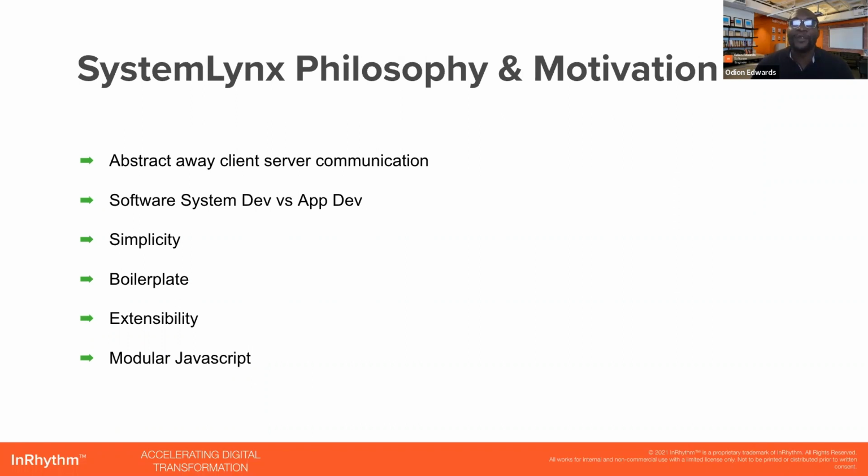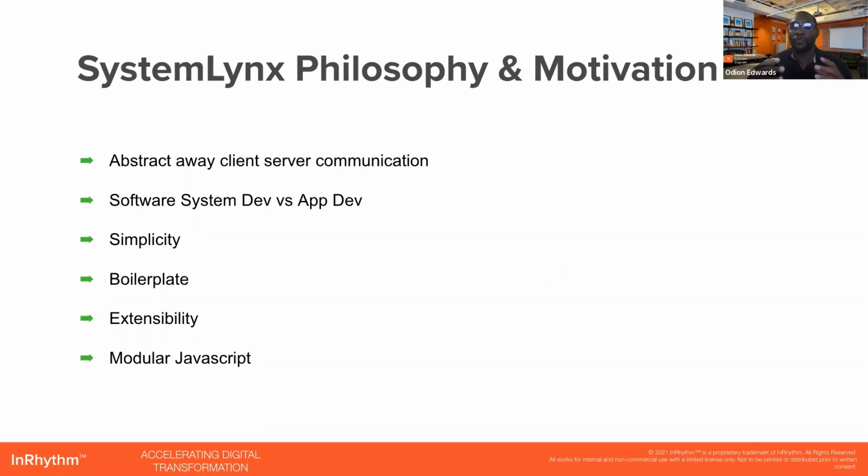SystemLynx philosophy and motivation. The motivation behind SystemLynx was to abstract away client-server communication. SystemLynx is focused on software system development versus app development. I feel like libraries like Express just focus on developing a web app, while SystemLynx, in its approach, is thinking about different components in a system working together. Simplicity is another focus, simplicity and boilerplate.